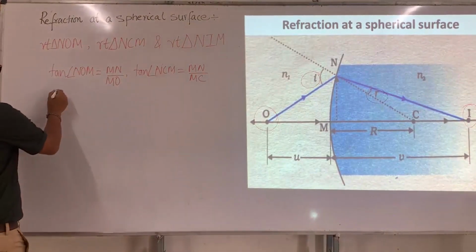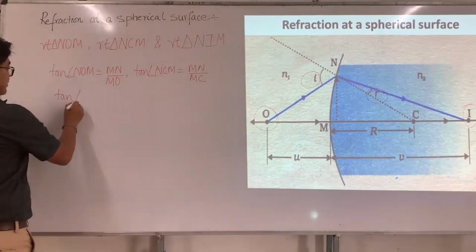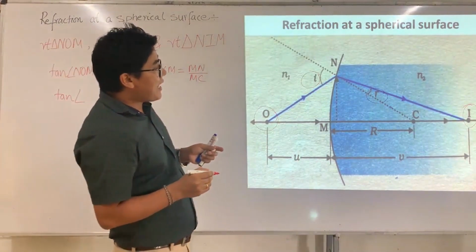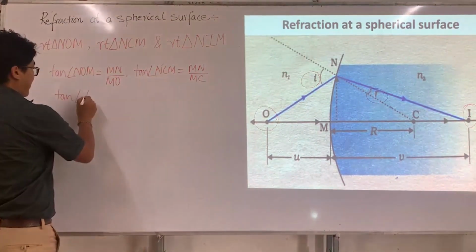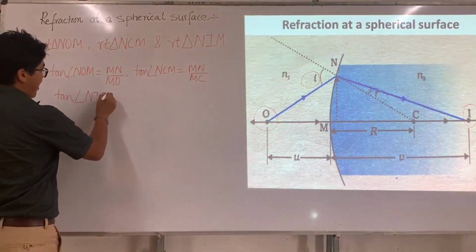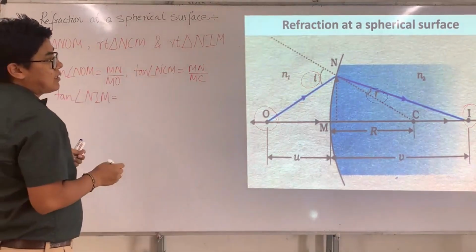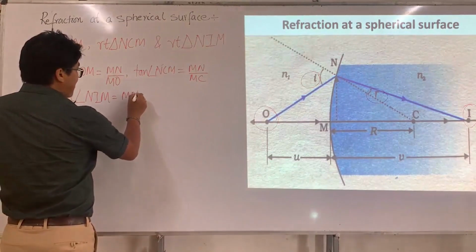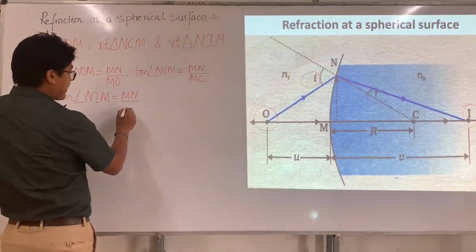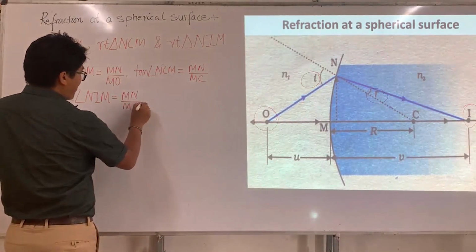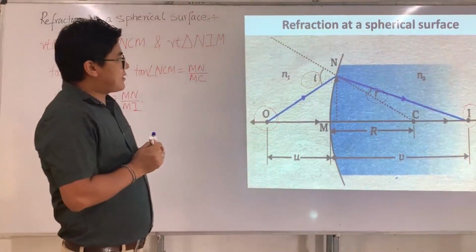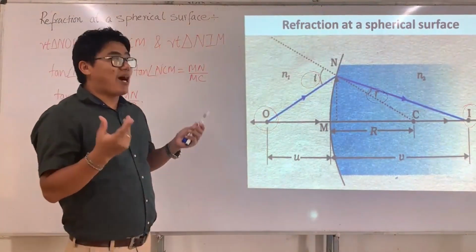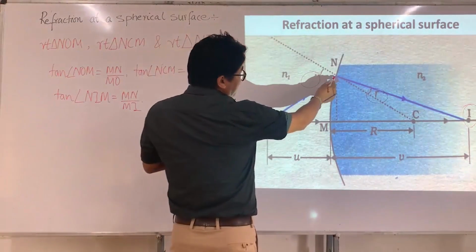Finally I have tan of angle NIM, which is again MN divided by MI. You may have a doubt that this is not going to be a right triangle.